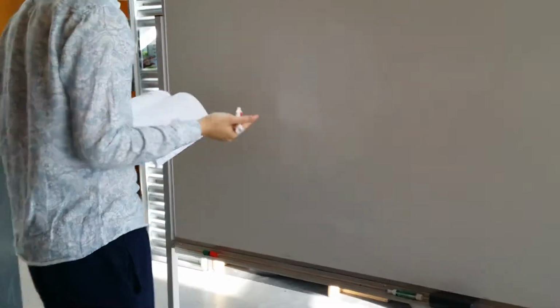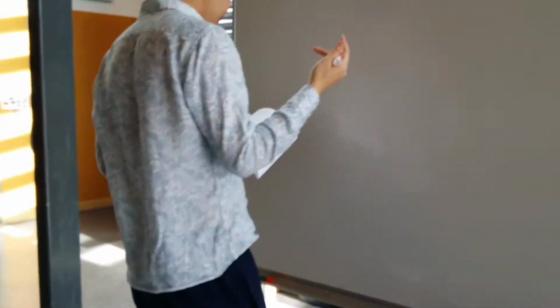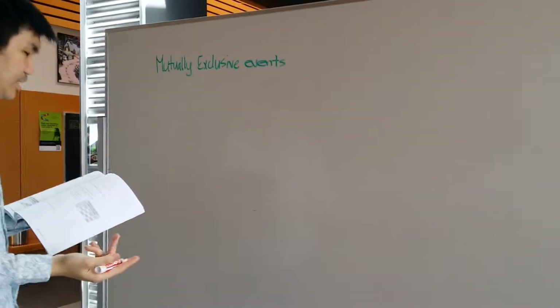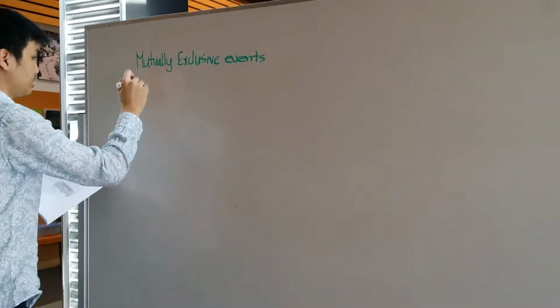Example 2. The question is, Xavier rolls 2 4-sided dice.